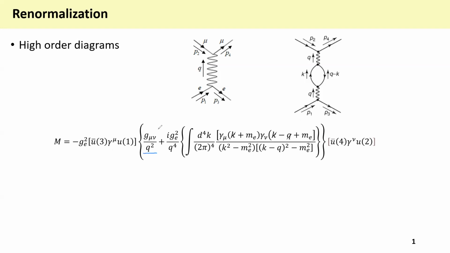This term corresponds to this diagram, and this whole term corresponds to this loop diagram. Because we have a loop here, there will be an integral over this internal momentum k. So this is the amplitude, but the trouble is that this whole integral is divergent.